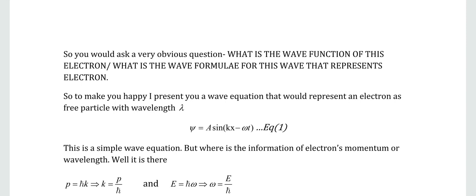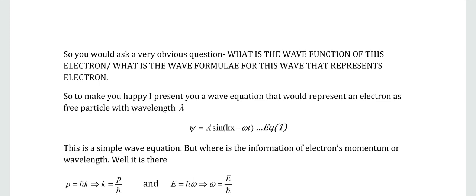Like we have classical equations for the electron: it has a momentum p, a velocity v, and I can say v equals u plus at. I can write all the classical equations for the electron, but the moment I imagine the electron as a wave, why can't I think of writing a wave equation for the electron? It's a logical question.